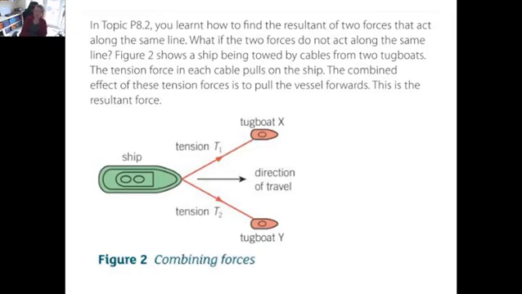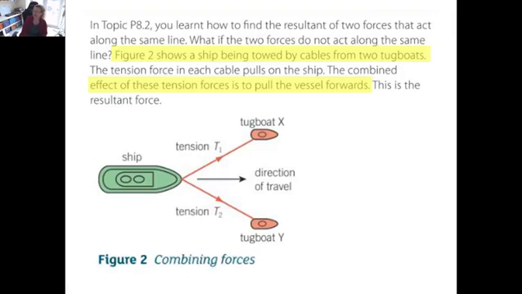So this diagram here shows a boat being towed by these cables by 2 small tugboats, and that's a way that big ships can be manoeuvred along. So what is the resultant force on that ship as it's pulled along by these 2 small boats? And that's what you've got to look at.